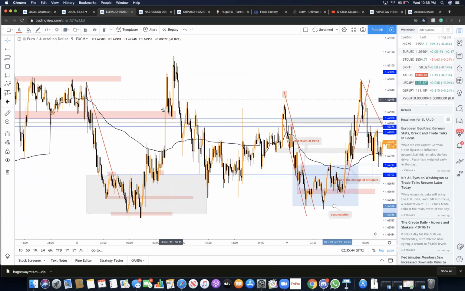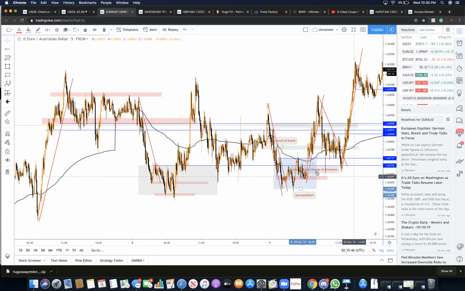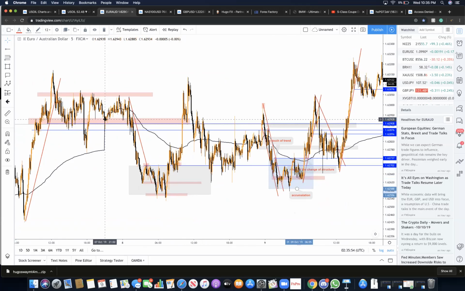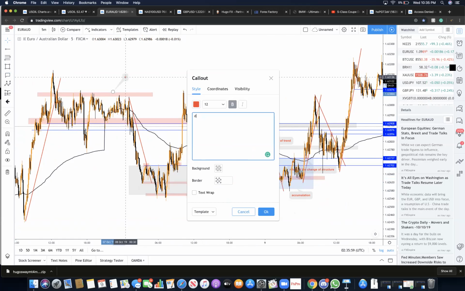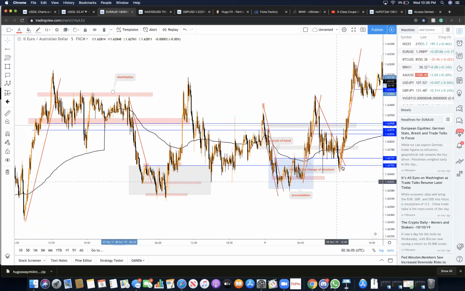And if it's distribution, I want you identifying both. So here we have the change of a downtrend to an uptrend, and we have an uptrend changing to a downtrend. I want you guys labeling all this, all right? Labeling the change of the trend, your accumulation and distribution. And I want you guys sending this homework to us, all right? Type 1 if you guys understand.